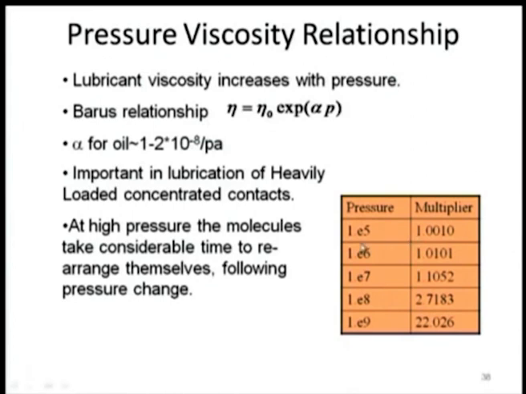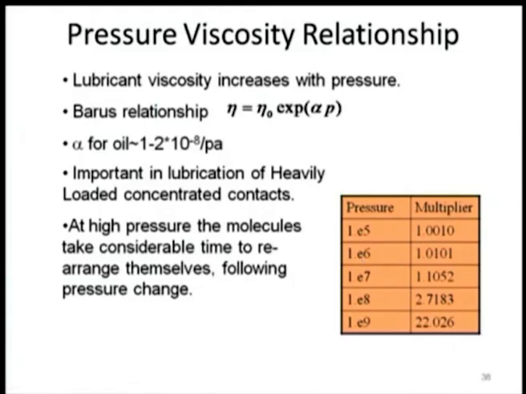The multiplication factor is 1.001, which is negligible, comparable to 1. Now, we increase the pressure by 10 times. Instead of atmospheric pressure, we increase the pressure 10 times, that is almost 1 megapascal.